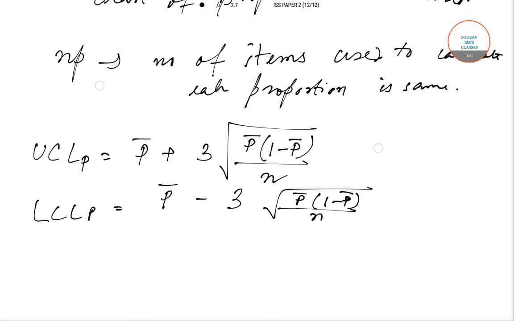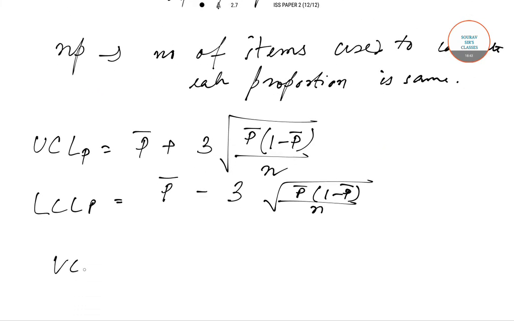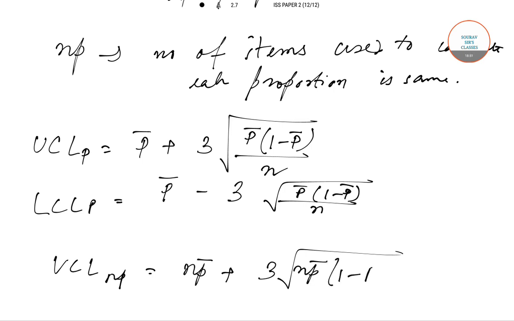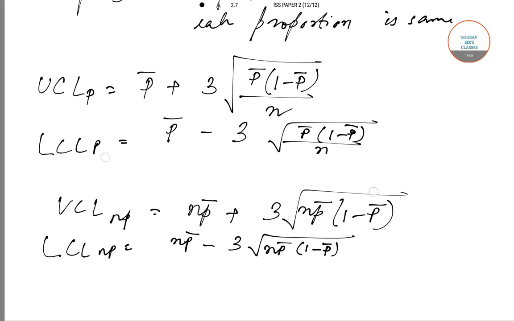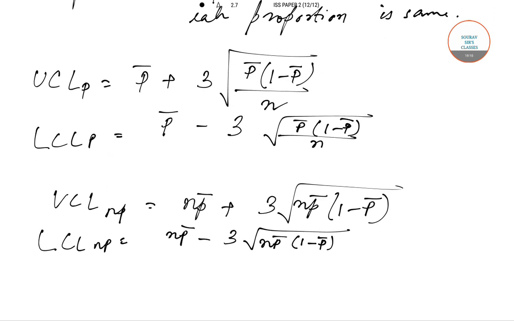And for NP charts, UCLNP is equal to NP bar plus 3 root over NP bar multiplied by 1 minus P bar, and LCLNP is equal to NP bar minus 3 root over NP bar multiplied by 1 minus P bar, where n is the subgroup size and P bar is the average fractional defectives.